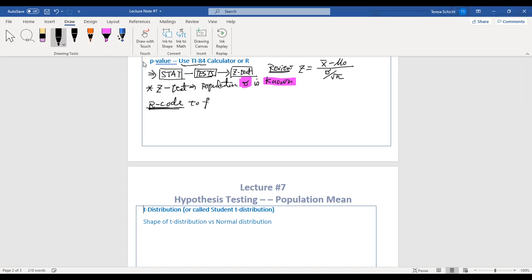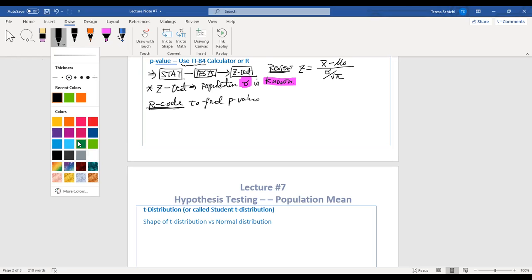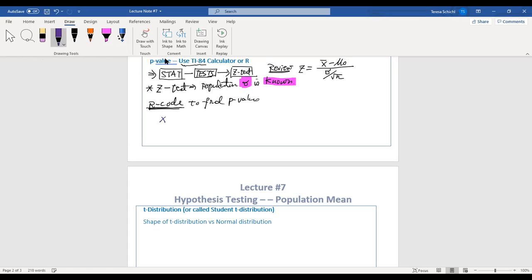The function here will be pnorm, in lowercase.